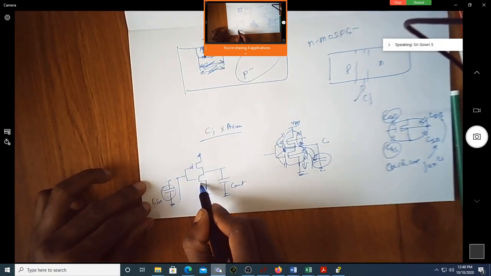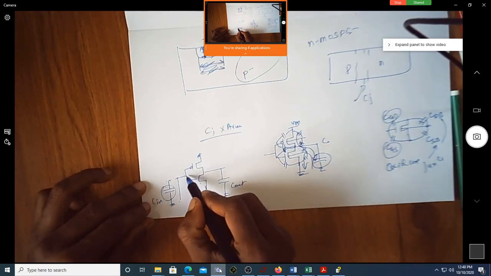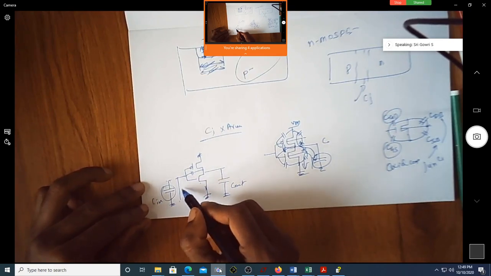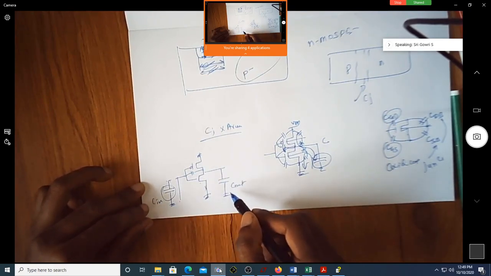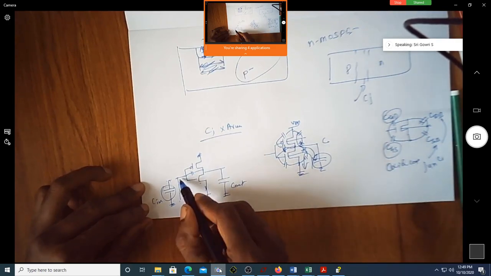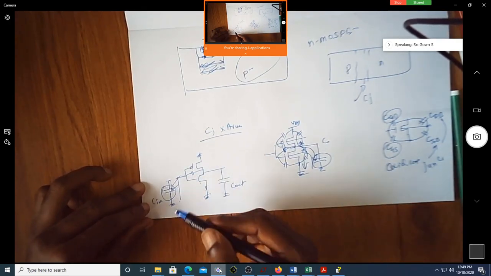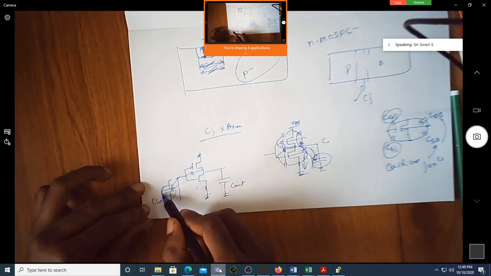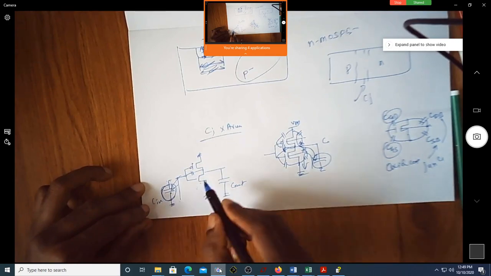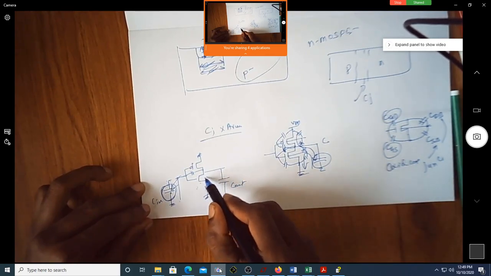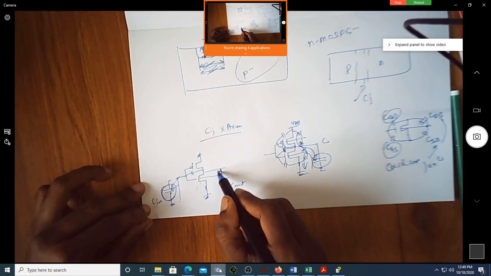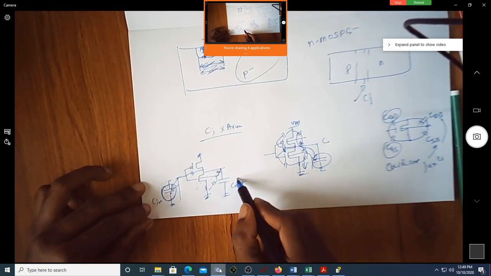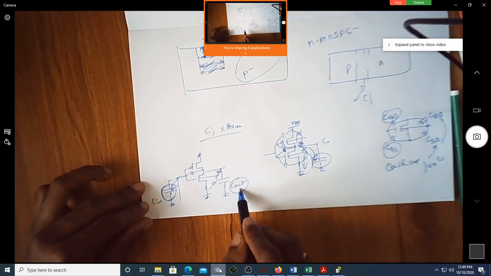When you have a capacitance like this, using Miller's theorem, can I split this onto this side as well as that side? Yes, sir. So you are going to have an overall capacitance due to CGD, CGS of both NMOS and PMOS as the effective capacitance. And here, whatever you have a bulk, so you have bulk here. This is from drain to bulk, source to bulk. So these are the capacitances which form the output capacitance.